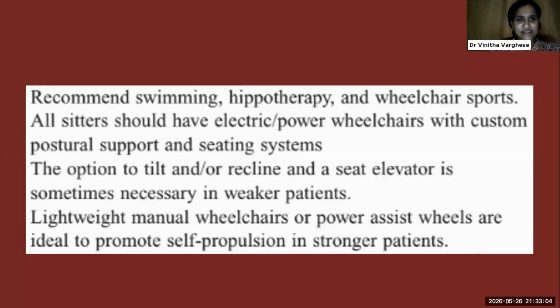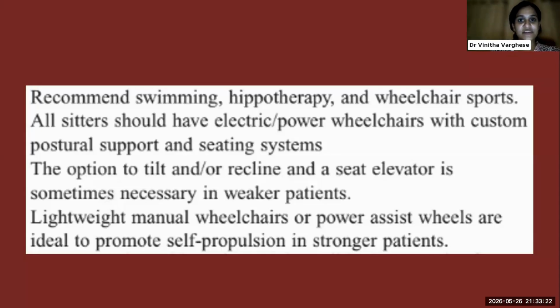So this is the fun part of therapy. Mrs. Neha spoke about aquatic therapy, swimming, and things like that. But what's interesting here is all sitters having electric or power wheelchairs with custom postural support and seating systems.